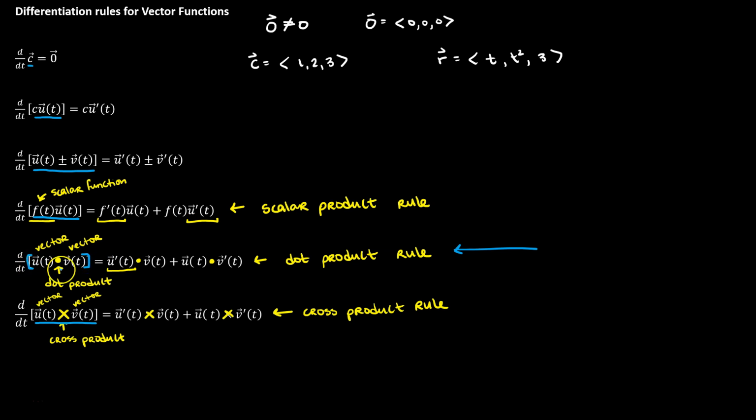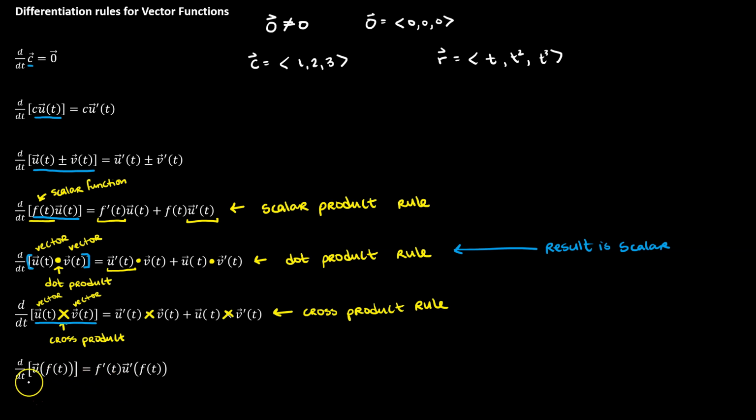We're taking the derivative of a scalar, so the result should be a scalar. However, in every other scenario, we're taking the derivative of a vector. And when we take the derivative of a vector, the result has to be a vector, which is another way to help you remember the derivative of a constant vector is not 0, it's the 0 vector.